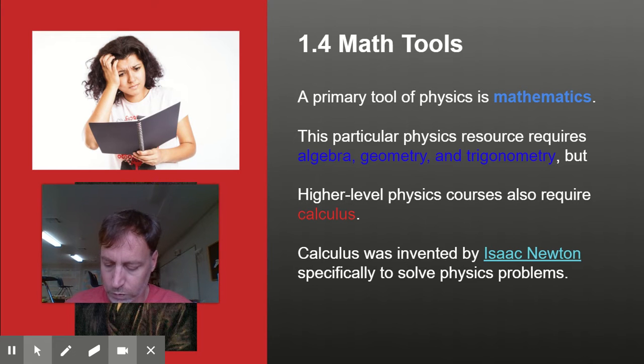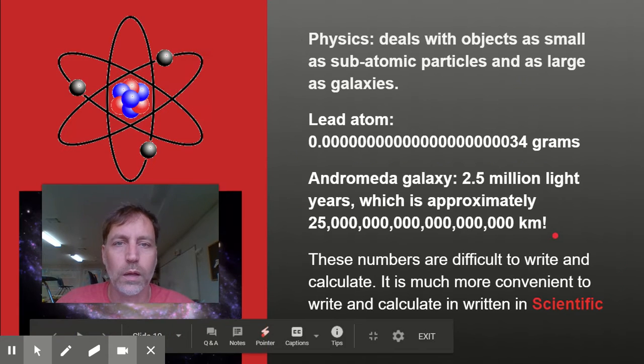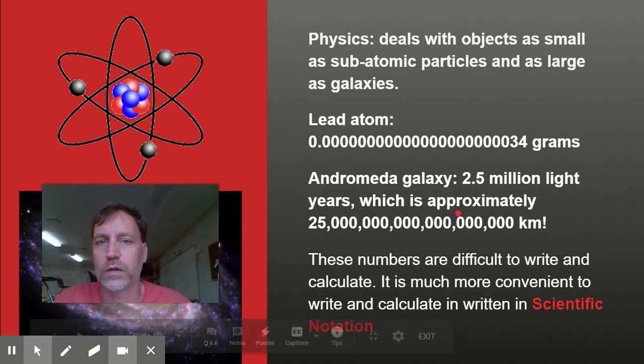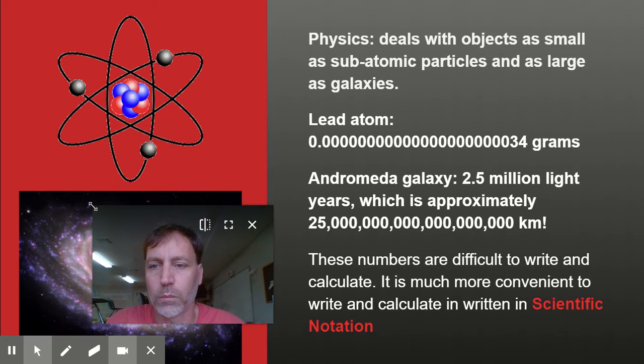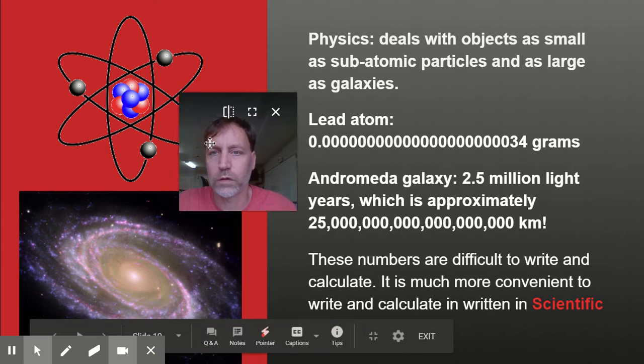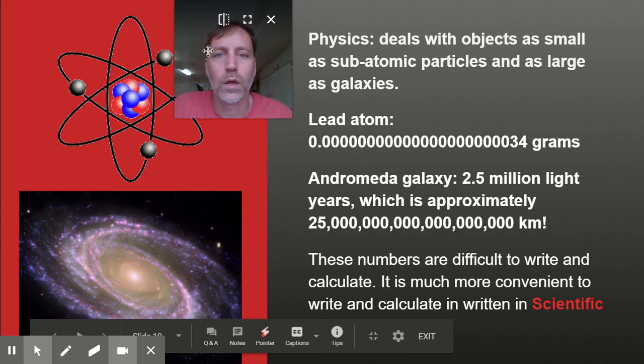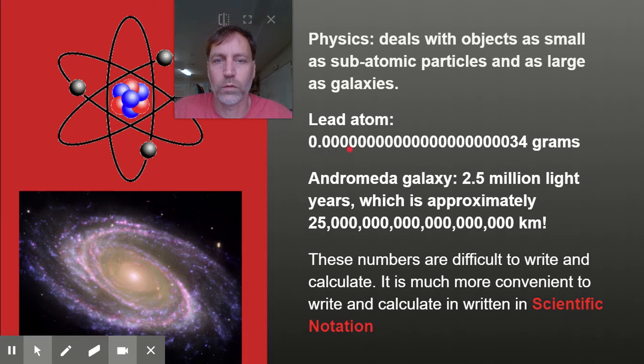All right, so what we're going to do here is work through some of the things that physics deals with. Physics deals with really large and really small numbers. Say the mass of a lead atom is 0.000000, all those zeros, 34 grams.